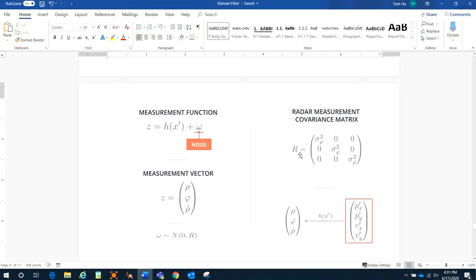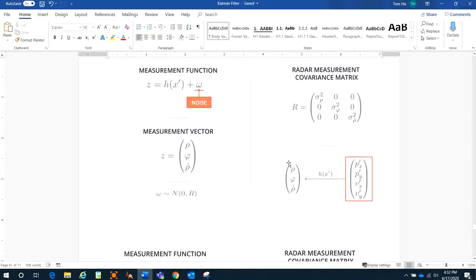The radar gives you rho, phi, and the range rate, so we have the radar measurement covariance matrix as 3 by 3, right? Remember in two dimensions we had 2 by 2.